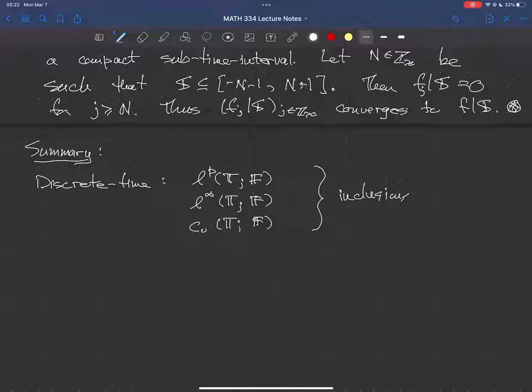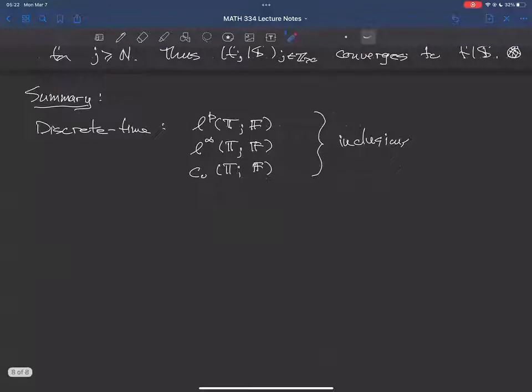So we talked about what the inclusion relations between these spaces are, the fact that for example this one's contained in this one, and all of these are contained in here. And then there was a specific ordering on these depending on p that we talked about. And then we also had the space of all signals F^T.